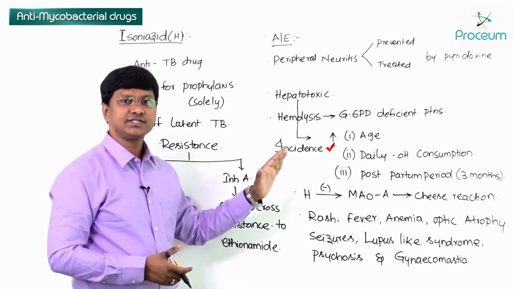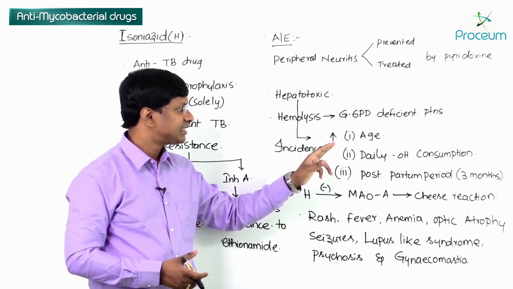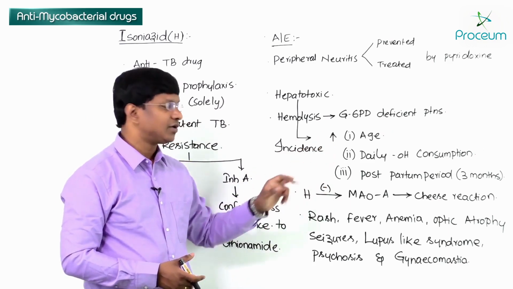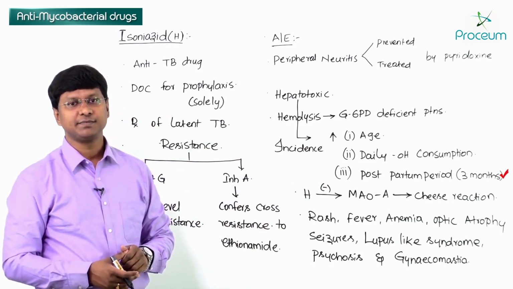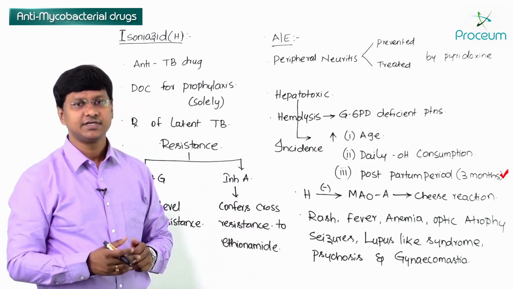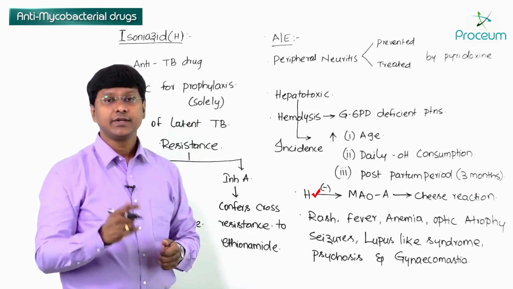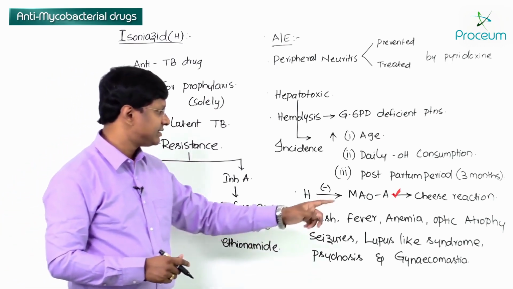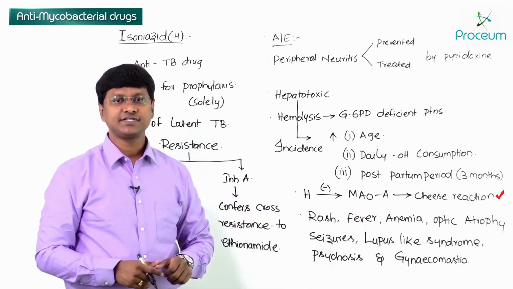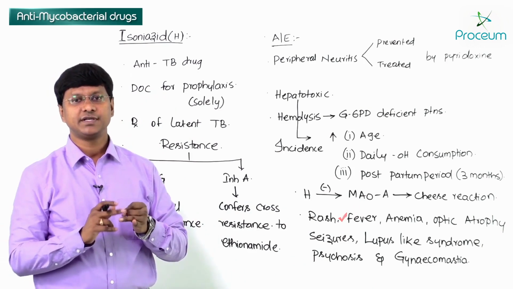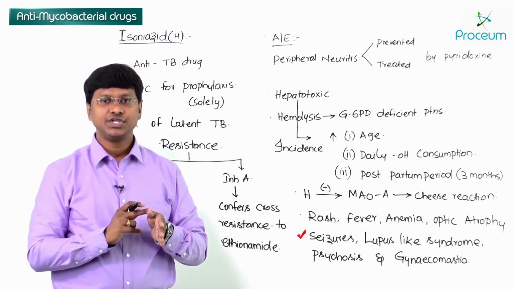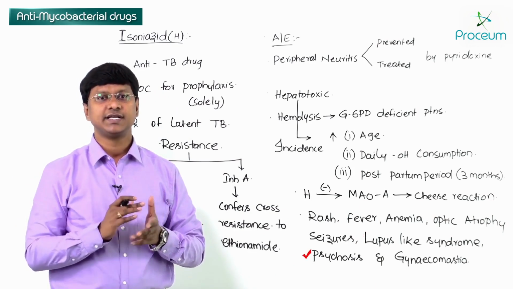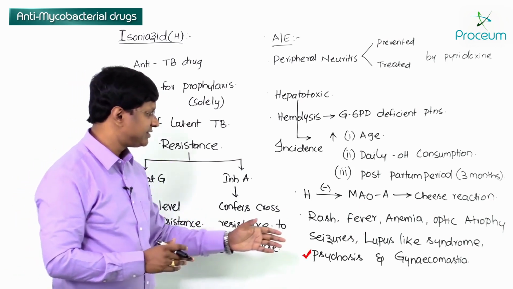The incidence of hepatotoxicity increases with age, with daily alcohol consumption, and it is seen more in the postpartum period, that is 3 months after delivery. Isoniazid also inhibits monoamine oxidase A, thus it can result in the cheese reaction. The other adverse effects include rash, fever, anemia, optic atrophy, seizures, lupus-like syndrome in slow acetylators, and psychosis and gynecomastia have been reported with this drug.